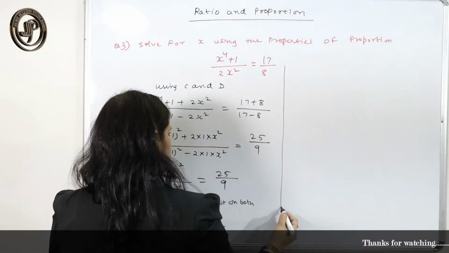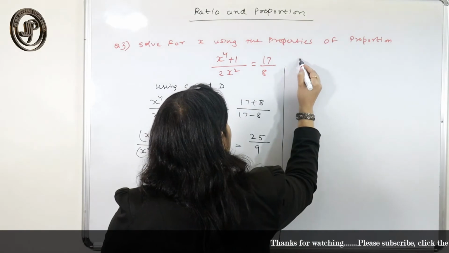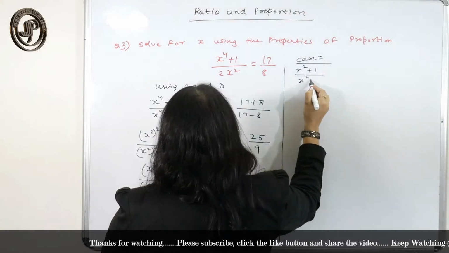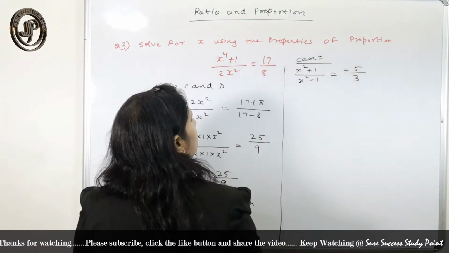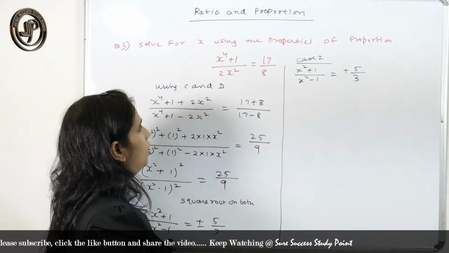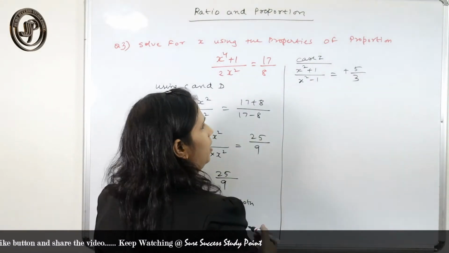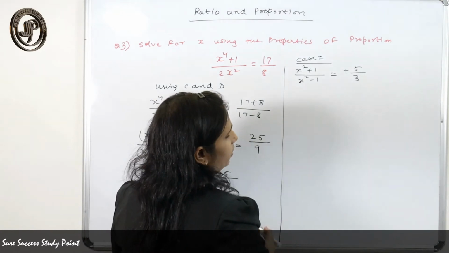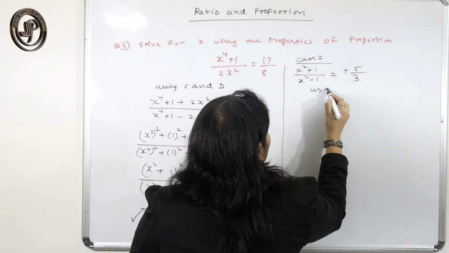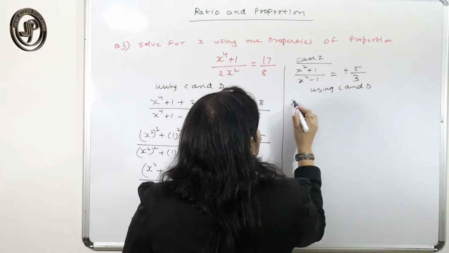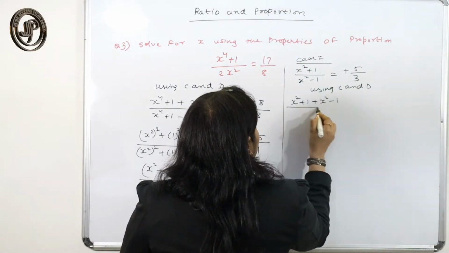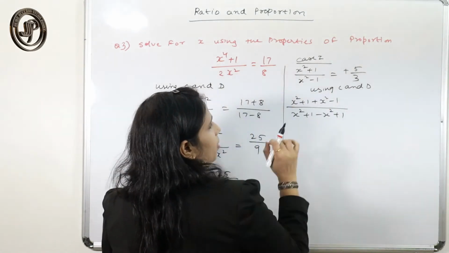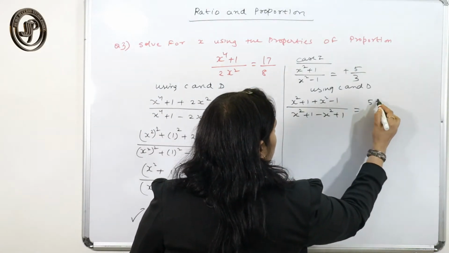So how do we do it? Case 1, we take it as plus 5 by 3, and in case 2 we will take minus 5 by 3. Now again we can use C and D, or we can even do this using cross multiplication, or otherwise if you want you can again use C and D. So using C and D, this will become, here I have changed the sign, numerator plus denominator, numerator minus denominator.